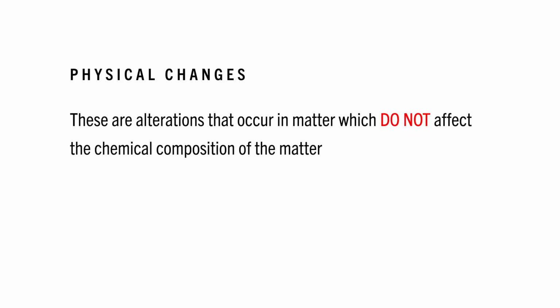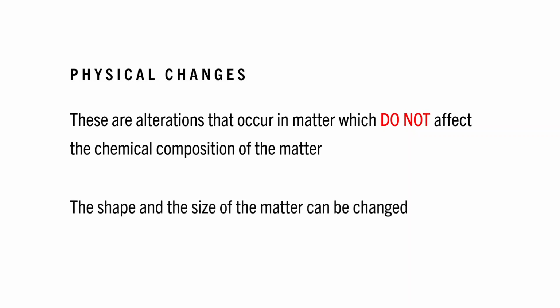These are alterations that occur in matter which do not affect the chemical composition of matter. The shape and the size of matter can be changed. So if you take a piece of paper and you ball it up, that's a physical change. You realize the paper is not flat and straight anymore, it's changed, but it's still paper. Do we understand?